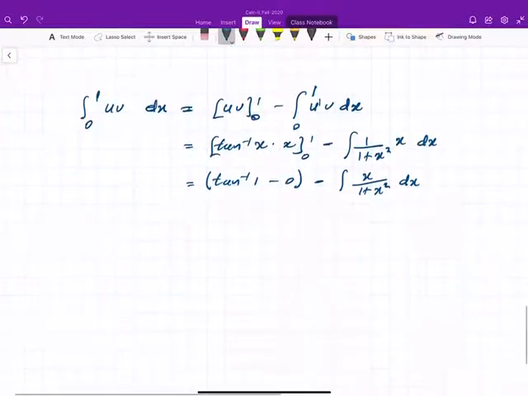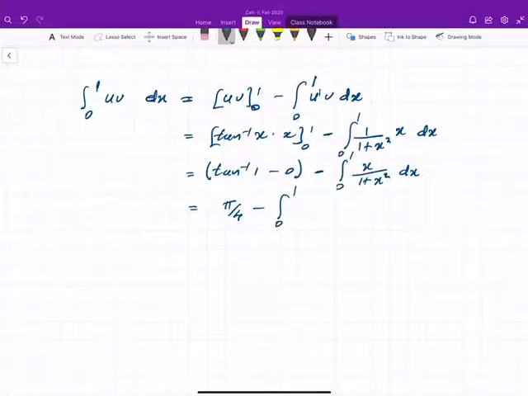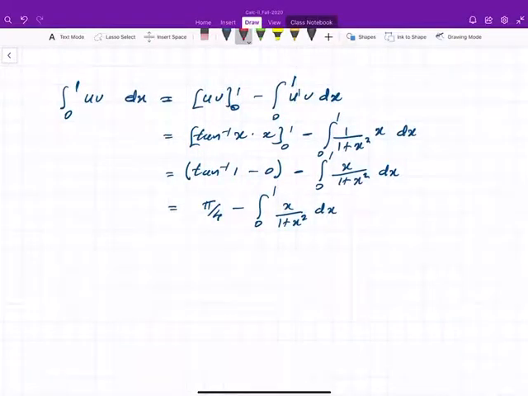All right. Tan inverse 1 is pi over 4, and then this is integration, sorry, I forgot to put the limit, 0 to 1. Integration from 0 to 1 of x over 1 plus x square dx. All right. Now you have to integrate this part.